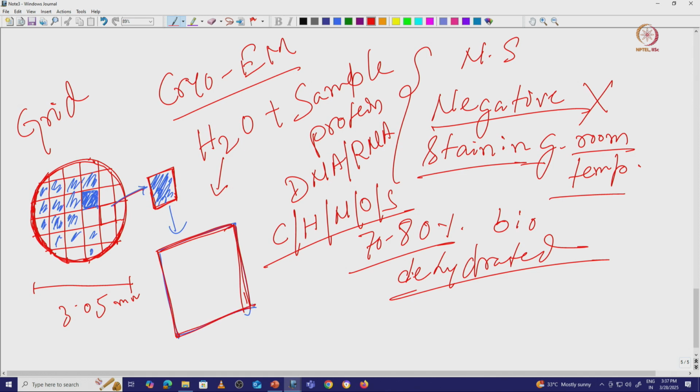Here we have the carbon, all over carbon it will be there, and this is the amorphous carbon, it will spread all over. Now inside that, there is a uniform size hole, and that will be the empty region. So it will be something like that. If we just remove the carbon, it will stay.